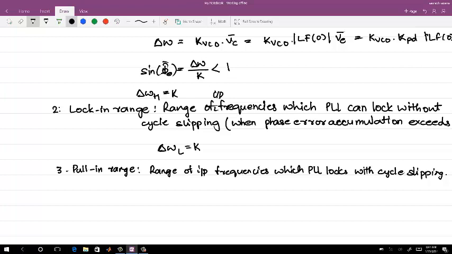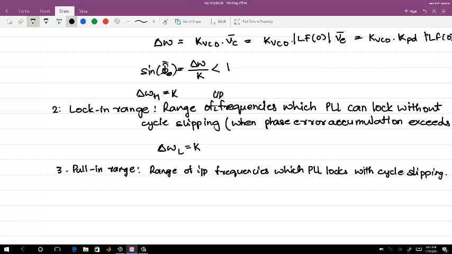You keep on integrating the voltage in every cycle, such that in the end you develop the required voltage for the frequency locking. So as you accumulate an error more than 2 pi, there is a cycle slipping, but in the end you are able to bring the control voltage large enough to lock the frequency. So that range is called the pull-in range.